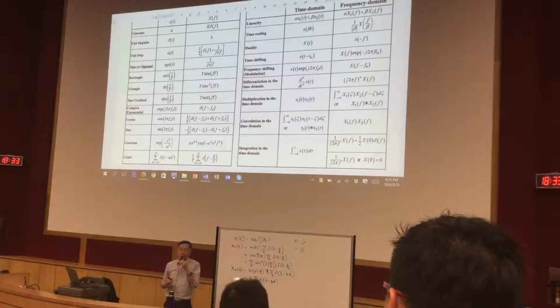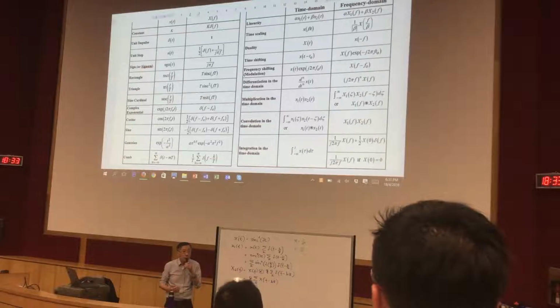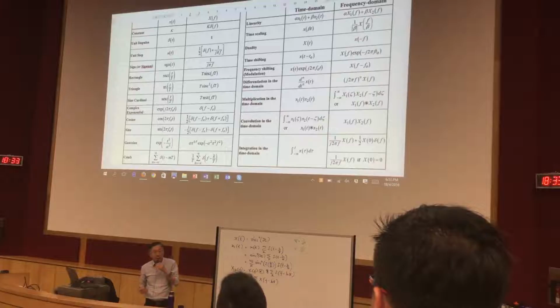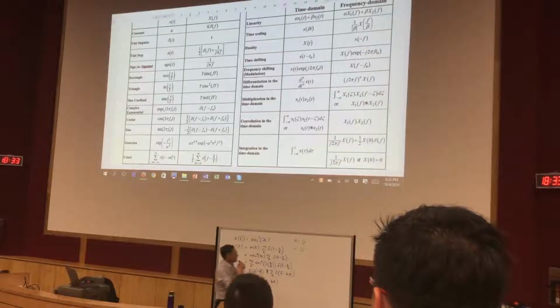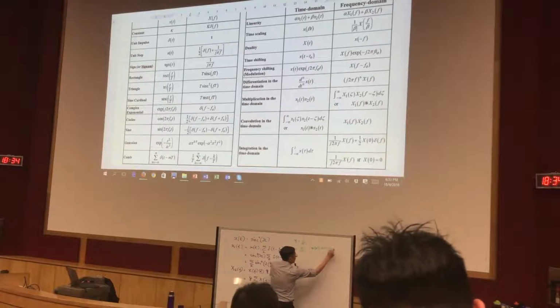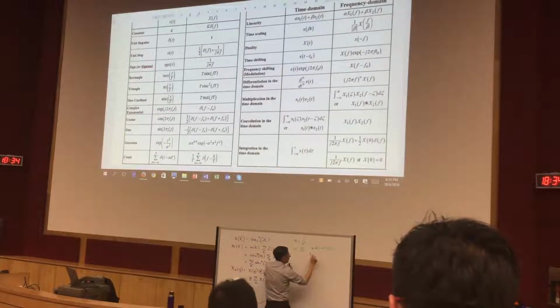The energy spectral density is mod capital X(f) squared, right? So you just power 2. Okay, so that's the first part. Part A. So that means you know this guy, you change it to X(f), then you want E_x(f).